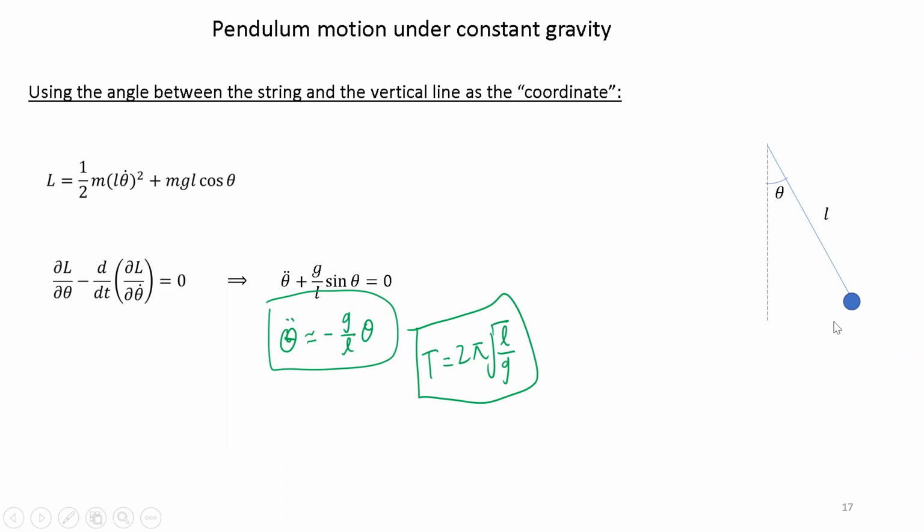However, if the amplitude is quite large, that is, the theta value is large, then you have to use the exact equation instead of this one. Then this is no longer a simple harmonic motion, and if you solve it exactly, you'll find that the period actually depends on your theta amplitude.